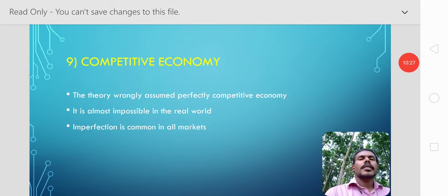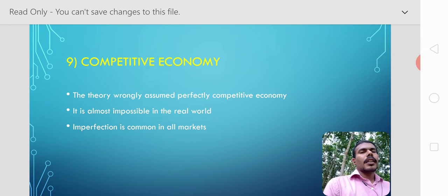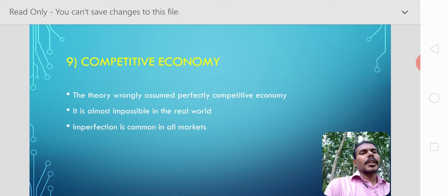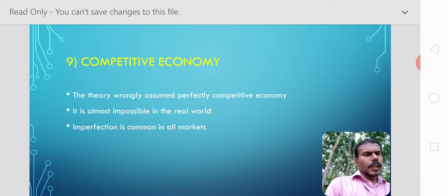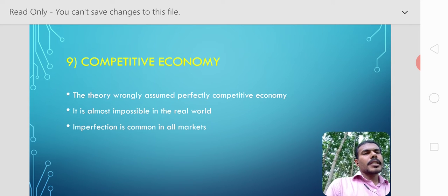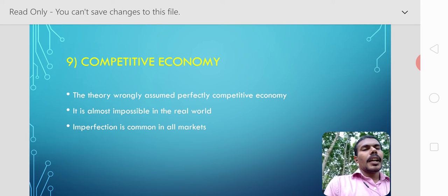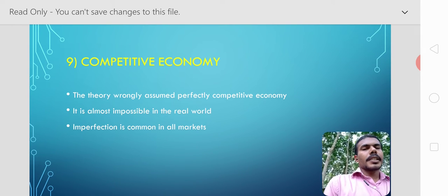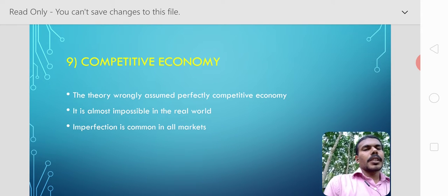So the last criticism I have for you is on competitive economy. According to the classicals, according to the absolute advantage theory in particular, perfect competition is in place. But this is an ideal situation and almost an unrealistic assumption of the classical theory according to the critics, as imperfect competition is pretty common in the present day situation.